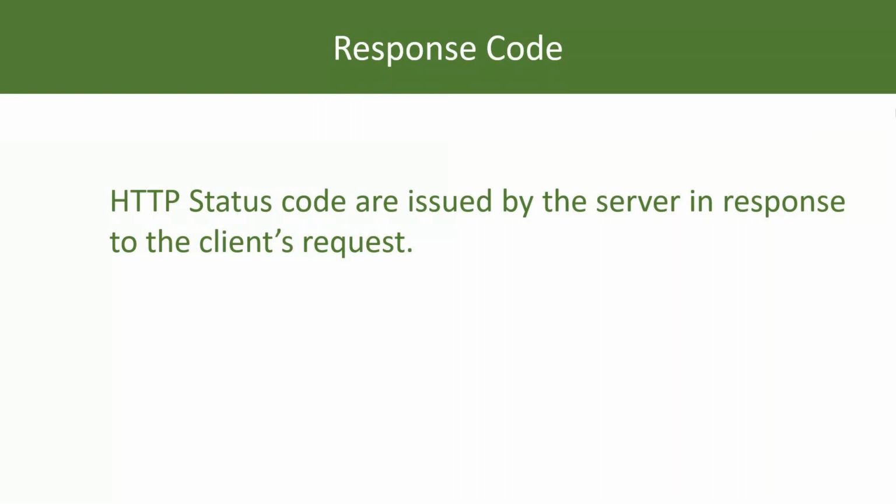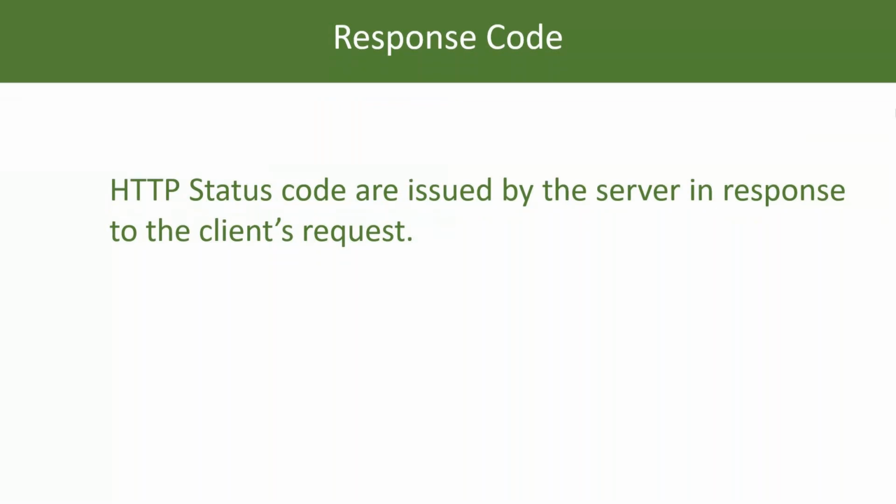In a similar fashion, what we see here is the browser communicates through HTTP, and the server responds with the HTTP status code, and this code is generally issued by the server itself.